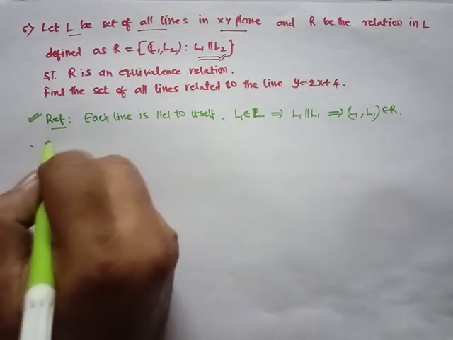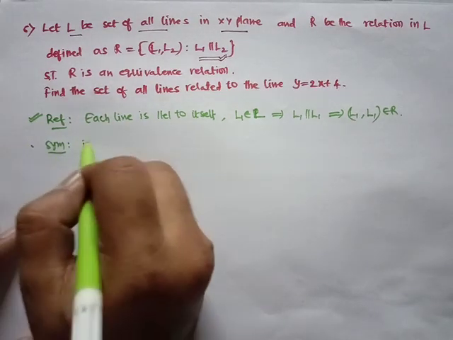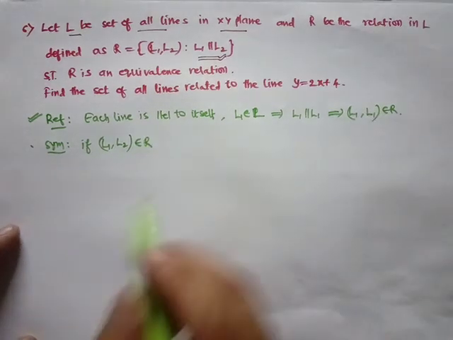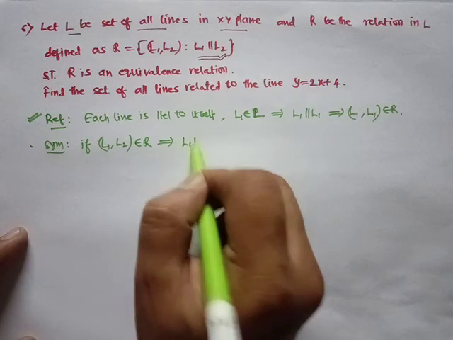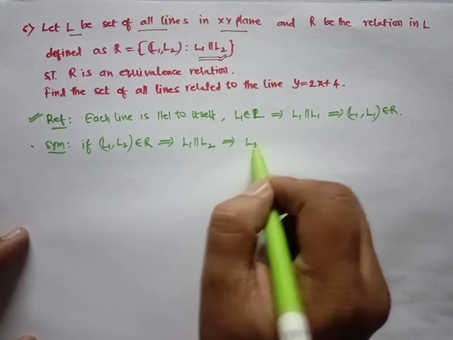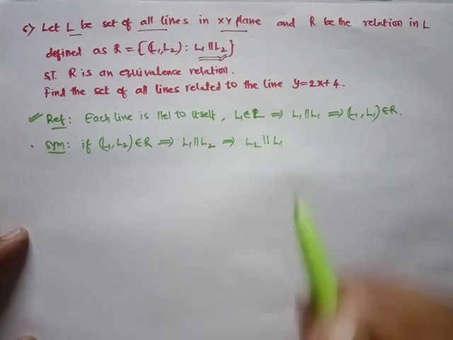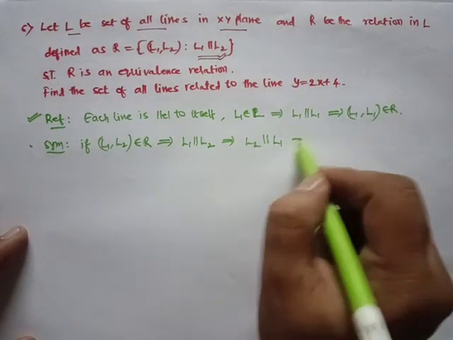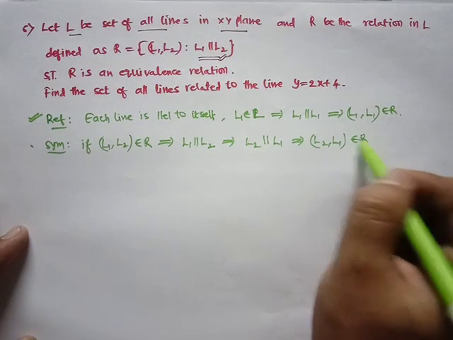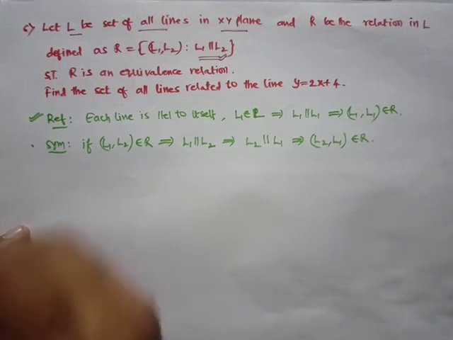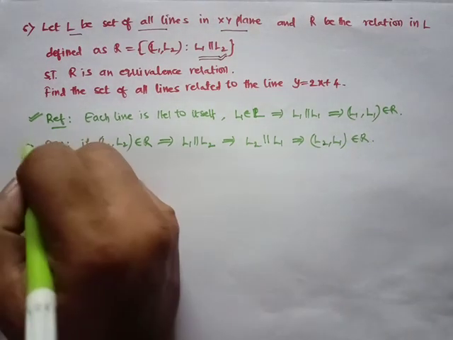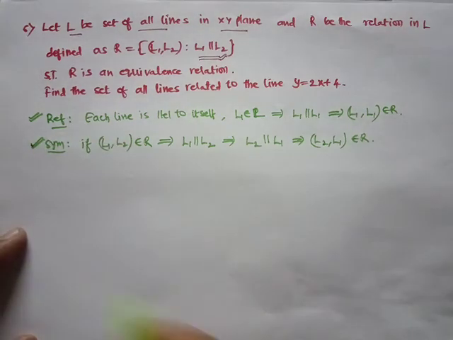Then what about the symmetric case? If (L1, L2) belongs to the relation, this implies L1 is parallel to L2. L1 is parallel to L2, I can write as L2 is parallel to L1. So this implies (L2, L1) belongs to R. Then (L1, L2) belongs to R, then (L2, L1) also belongs to R, so this implies it is symmetric.